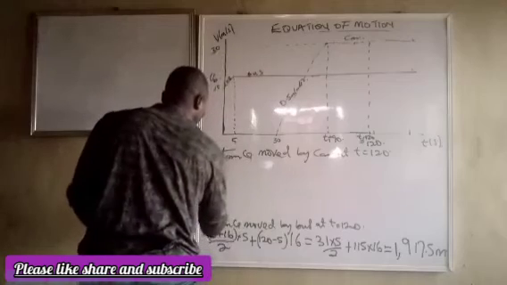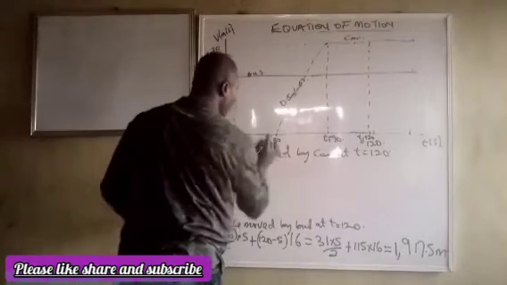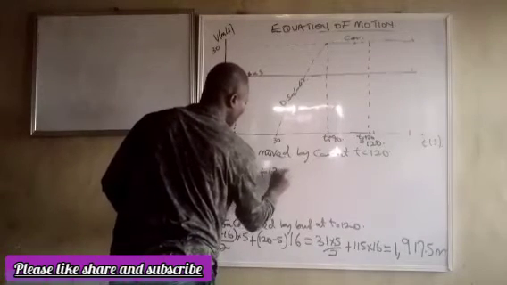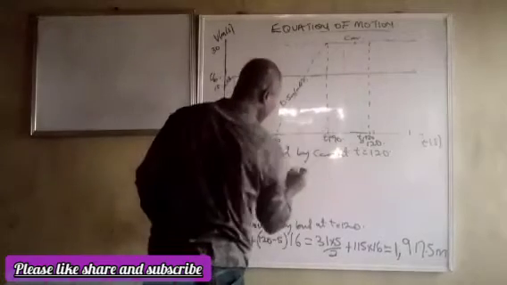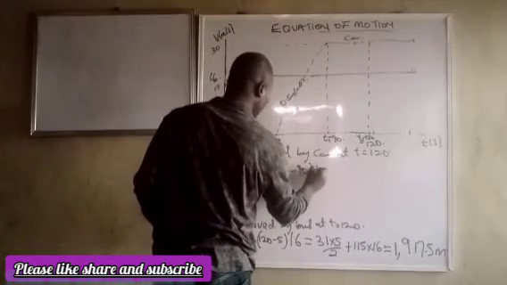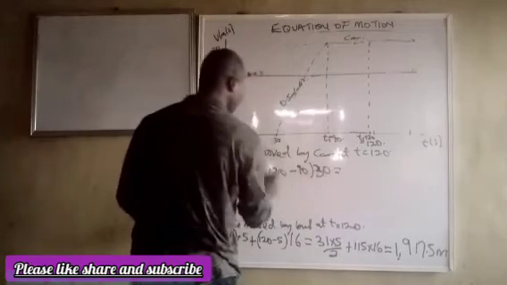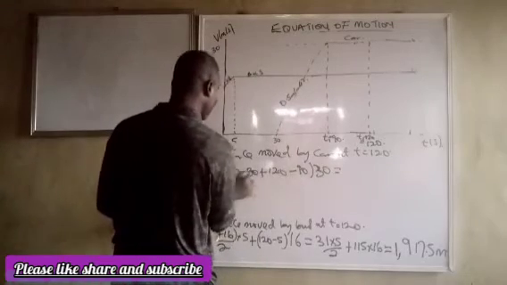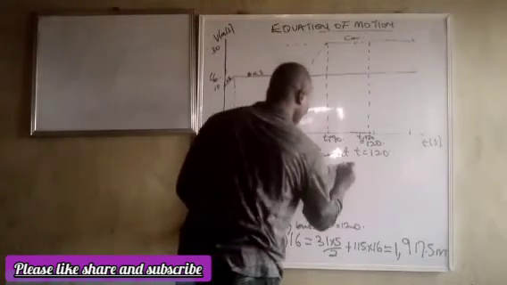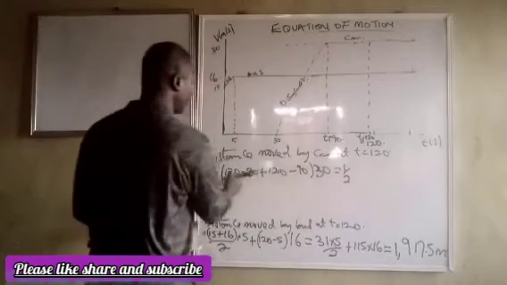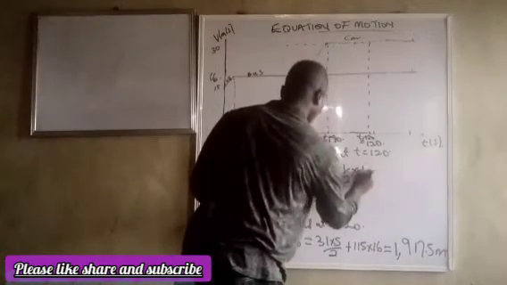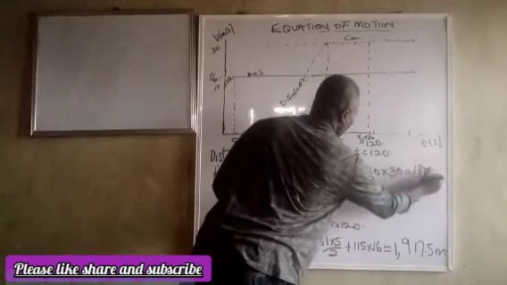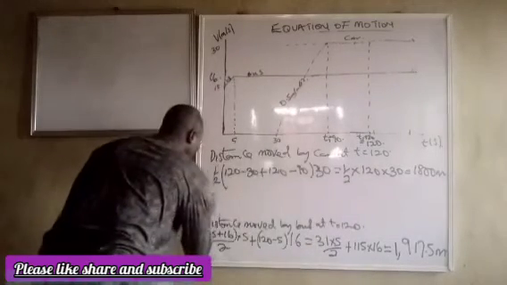So we are having half into 120 minus 30 plus 120 minus 90 times 30, and that is going to give me half, because this is 240 minus 120 times 120 times 30, that is 1,800 meters.